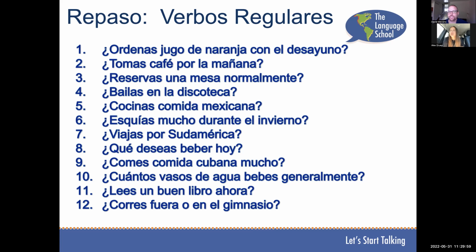¿Comes comida cubana mucho? No como comida cubana mucho. ¿Cuántos vasos de agua bebes generalmente? How many cups of water do you drink generally? ¿Cómo se dice 64?